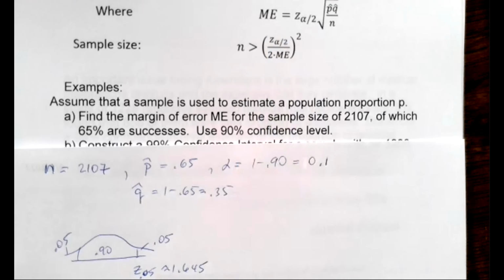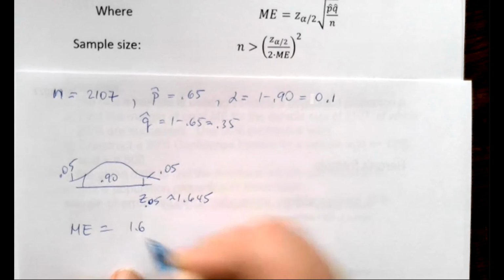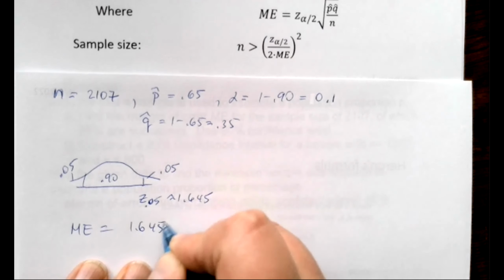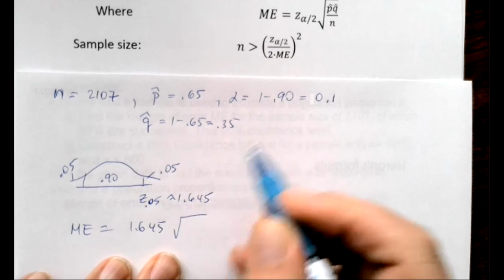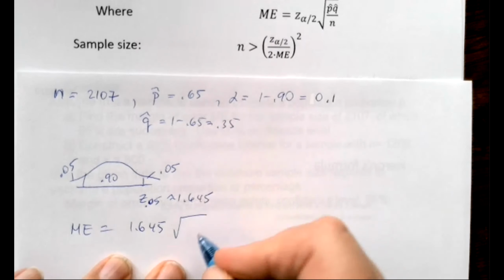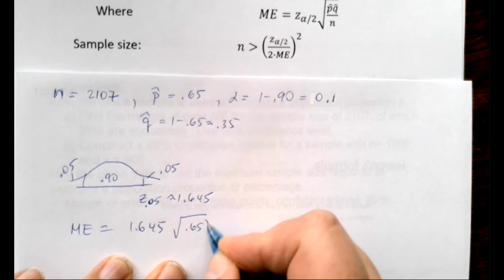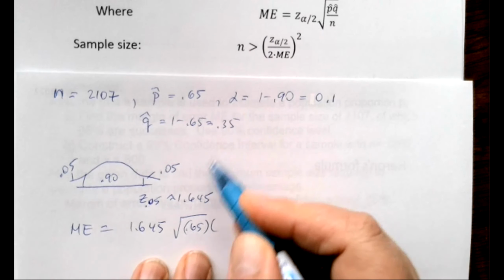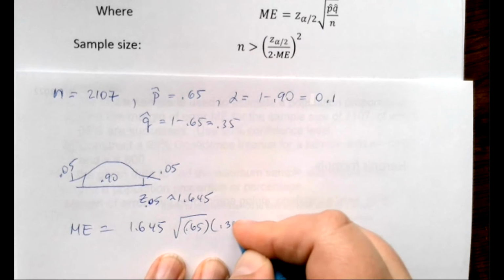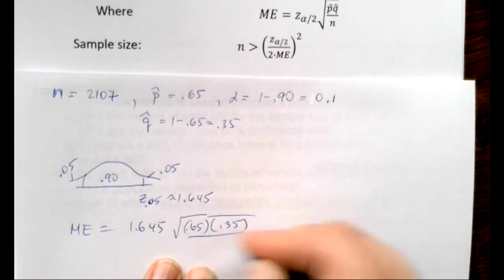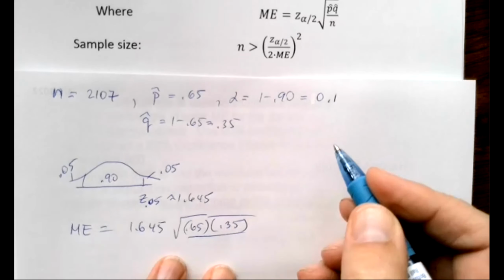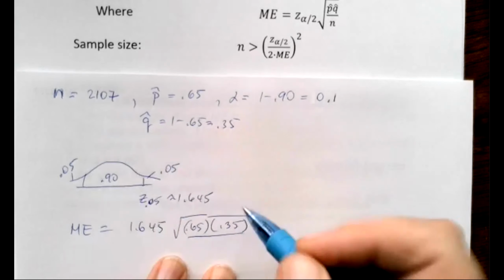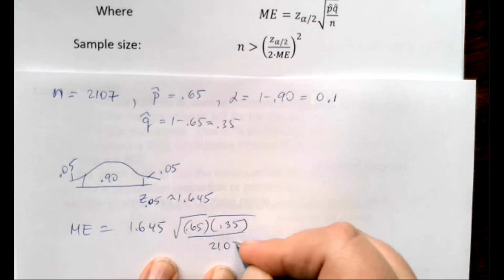All right, let's go ahead and find the margin of error. So the margin of error is 1.645 multiplied by the square root of p hat, which is 0.65, multiplied by q hat, which is 0.35, divided by n, which is 2107.